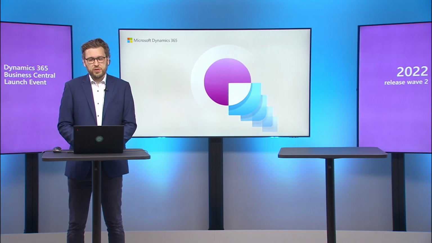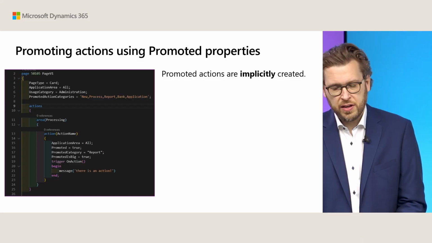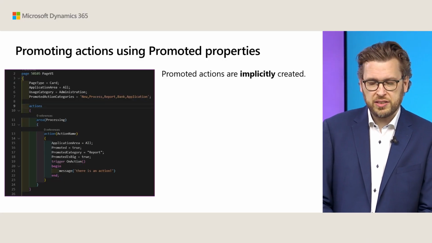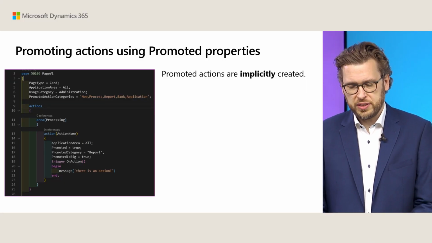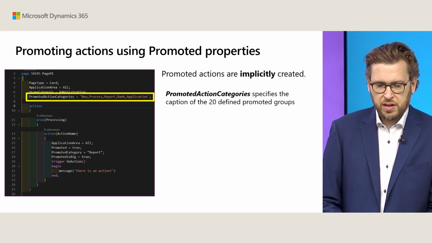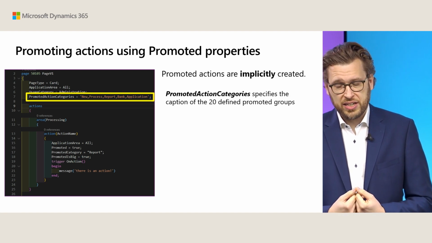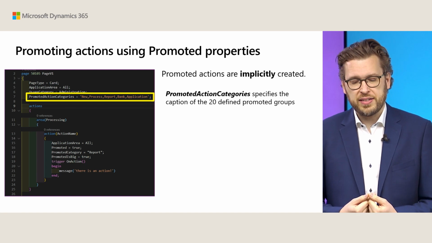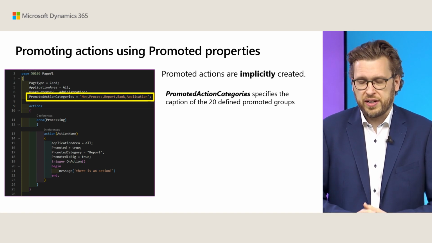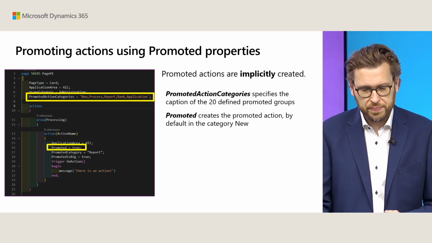Yes, Ivan, but first welcome from me as well. Before we dig into the new action model, let's start by looking at the developer experience until now. In that model, promoted actions are implicitly created through properties on the action. So we have PromotedActionCategories that specifies the caption of the 20 predefined promoted groups that are available.